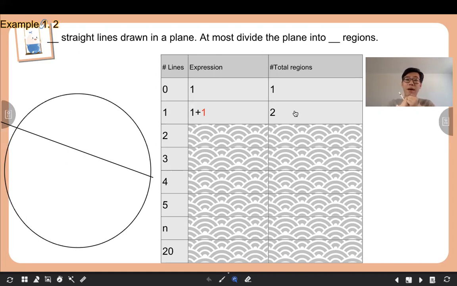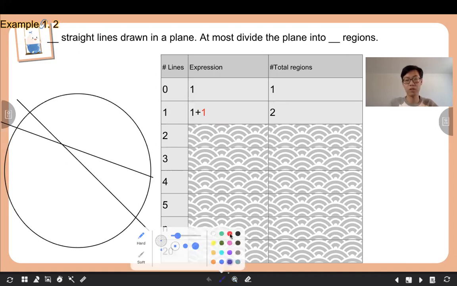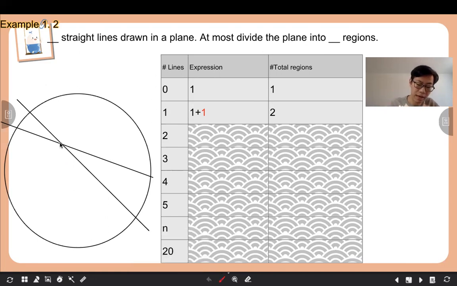So how about we introduce another line? Okay, as we know, we should have them intersected so we can have more planes or more divisions. And indeed, we are having an intersection here. And note that this intersection cuts the second line into 2 parts, right? And so this new line will cut through the previous regions and divide each into 2 more.